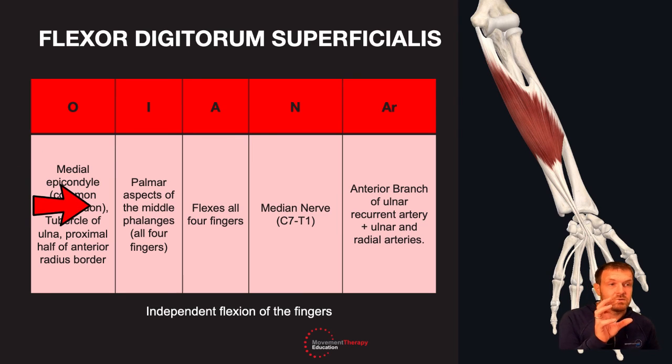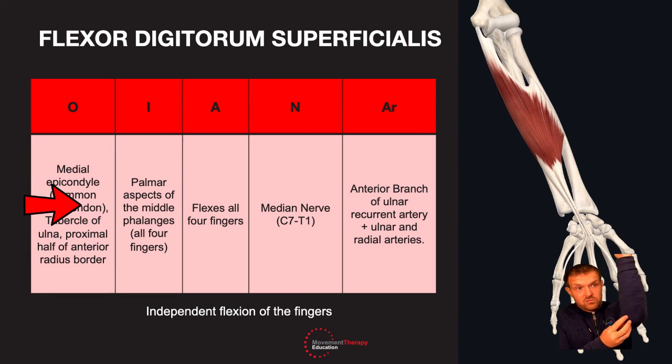Now the profundus doesn't. It attaches deep onto the ulna. The superficialis attaches onto the humerus. So we've got 2 really long muscles that attach in this region of the forearm and then go all the way down right to the tips, well, sometimes to the tips of your fingers. So we're going to have a look at that.